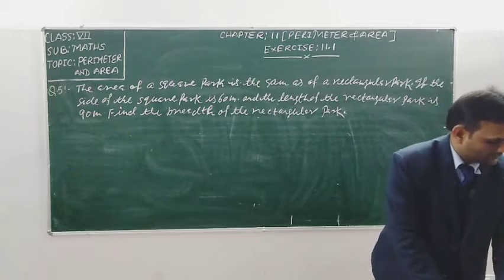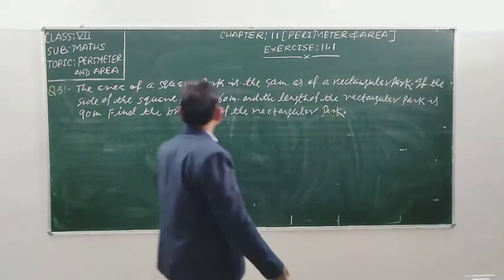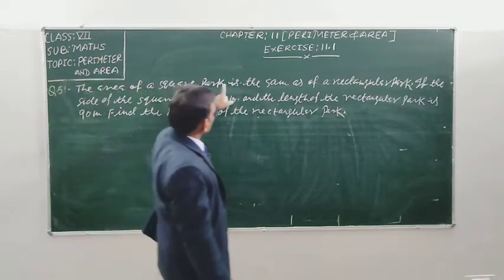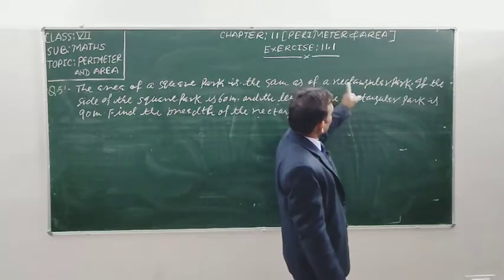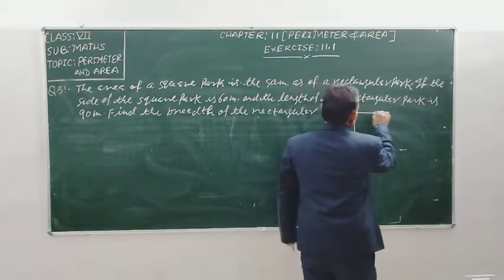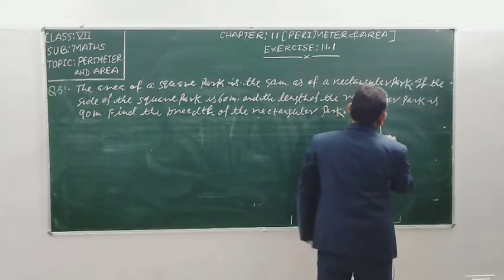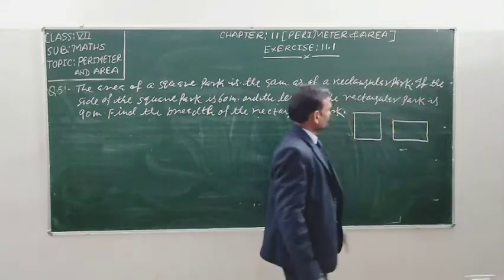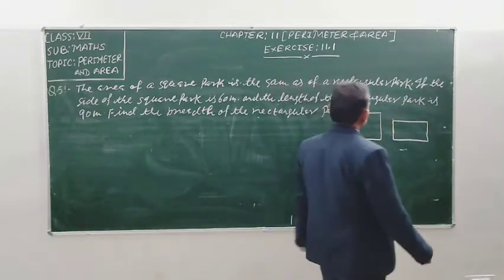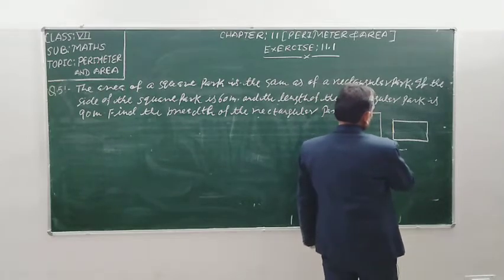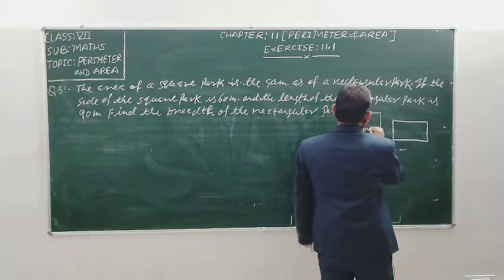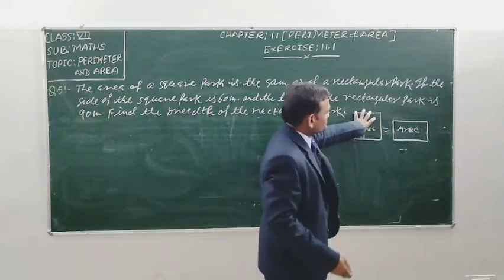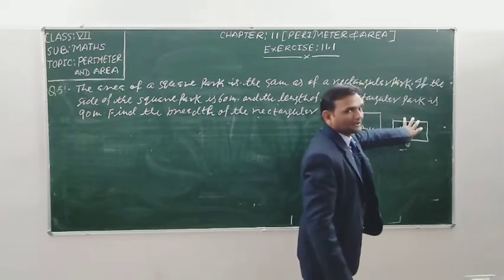So firstly, we understand the meaning of the question. The area of a square park is the same as that of a rectangular park. This is a square park and this is a rectangular park. Suppose both areas are equal. The area of this square park and the area of this rectangular park are same.